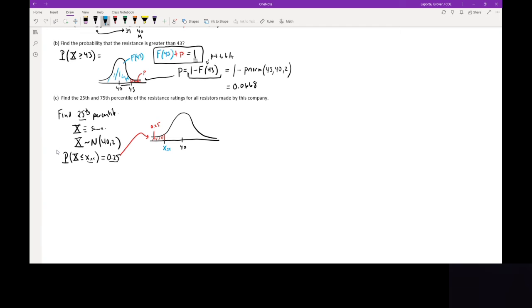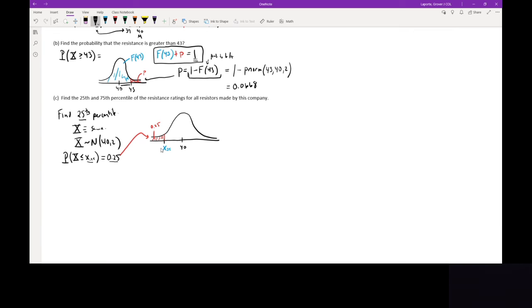We were given the x value, like 43, and we were trying to find the probability that lies on one of the two sides of that 43. Well, in this case, we're given a probability, and we're trying to find the x value that goes along with that probability. So it's sort of like the inverse problem.